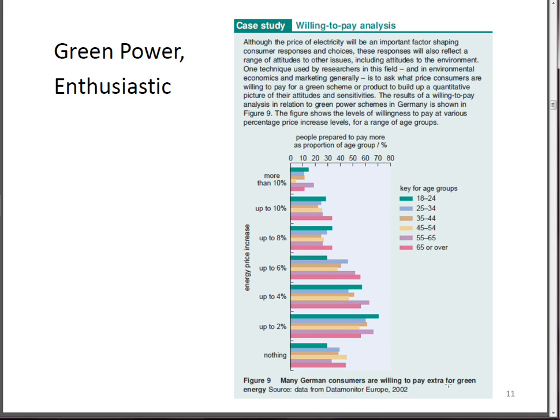So how much in this case German consumers, depending on age of course, are willing to pay more in order to buy a product that will be greener to the environment. Because of their enthusiasm, they will agree to pay more. Passive consumers will not agree to do so, but active consumers would agree.